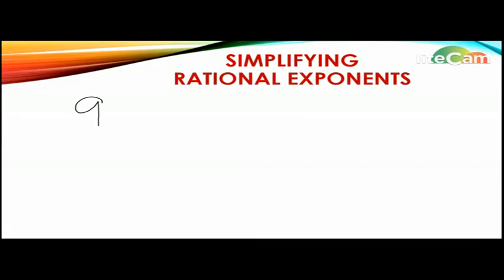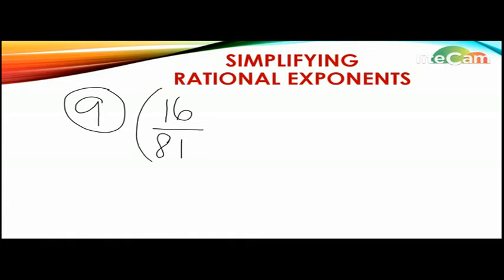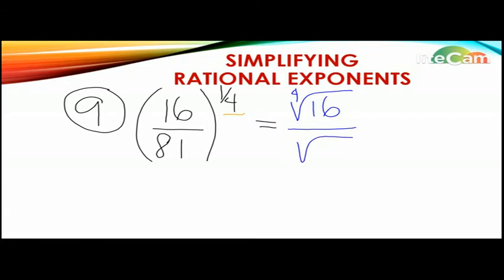So the next problem that we've got is problem number 9. Okay, 16 over 81 to the 1/4. Remember with exponent rules that 1/4 can be applied to both the 16 on the top and the 81 on the bottom. There is no need to reduce 16 over 81 first.